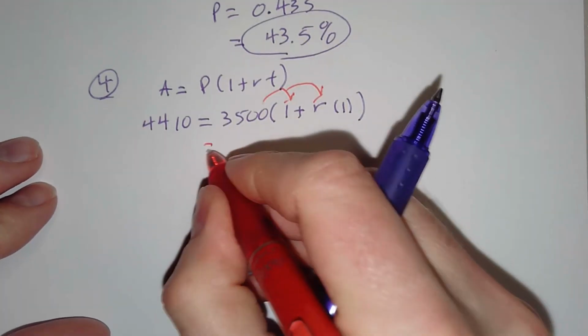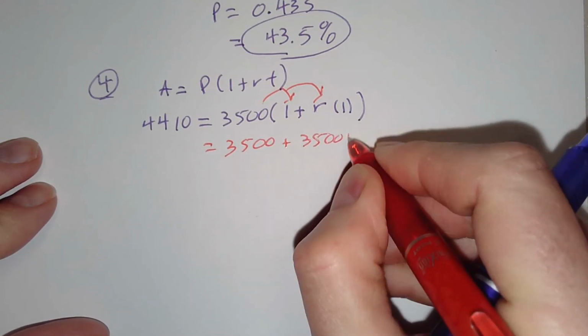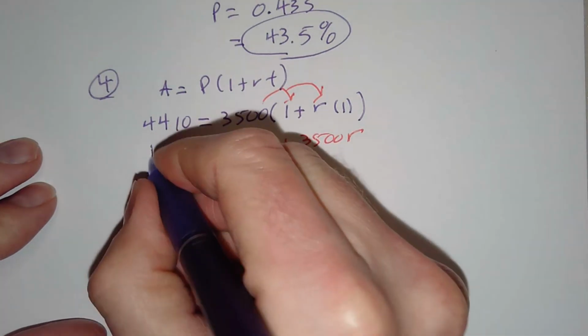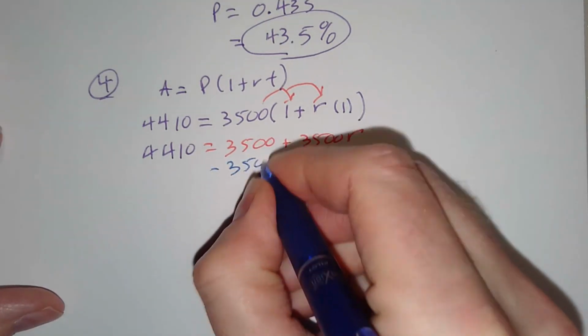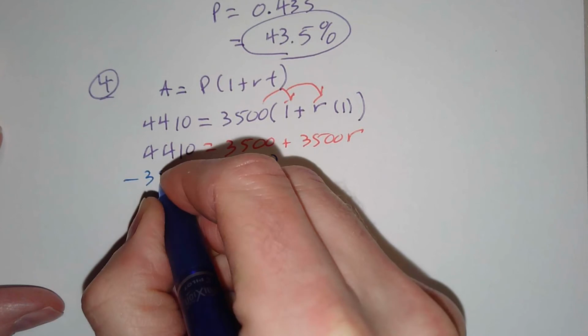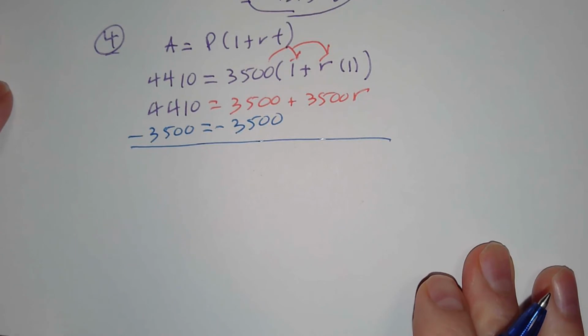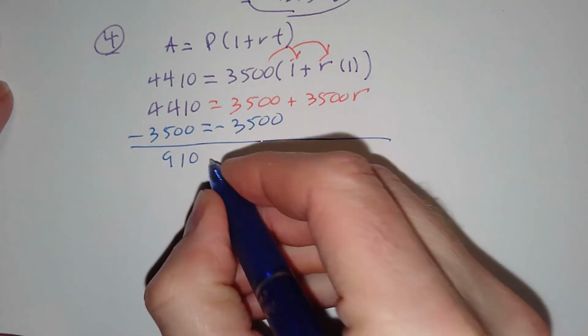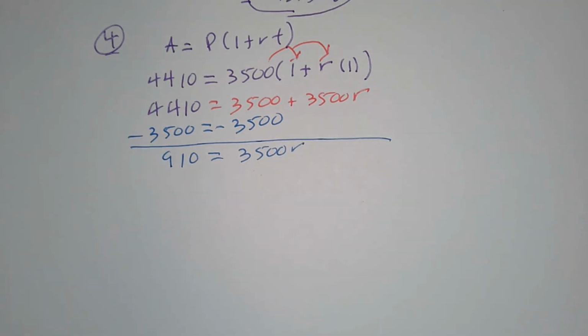That would give us 3,500 plus 3,500 R. So next we're going to subtract 3,500 from both sides. That gives us $910 equals 3,500 R.